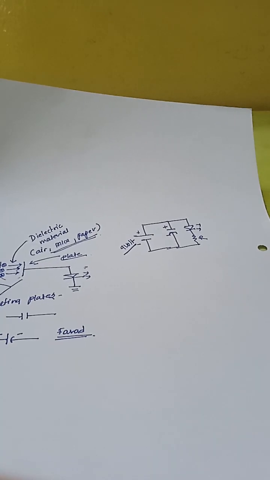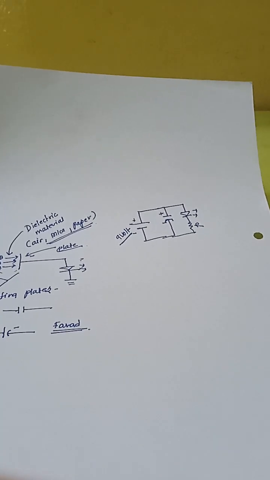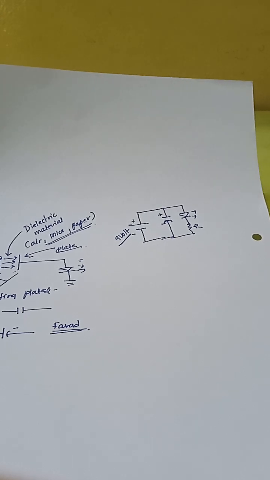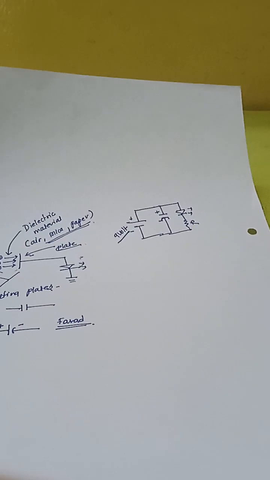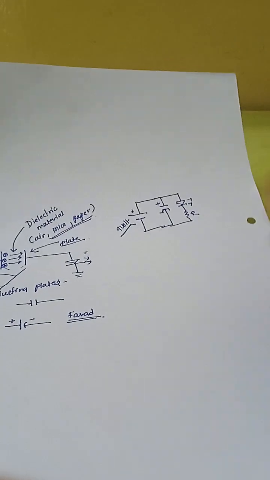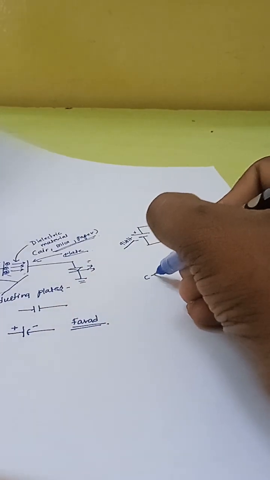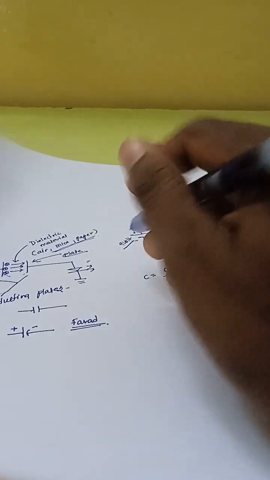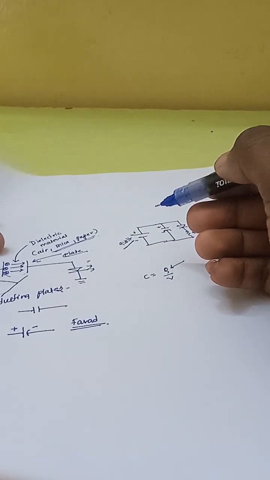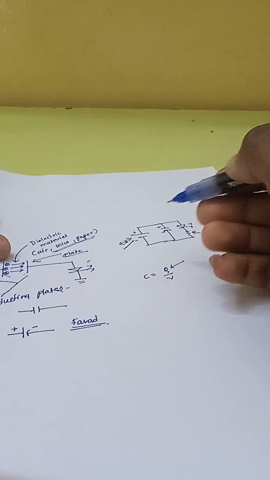We can also calculate capacitance by using this formula: C equals Q upon V, where Q is the charge stored in the capacitor.